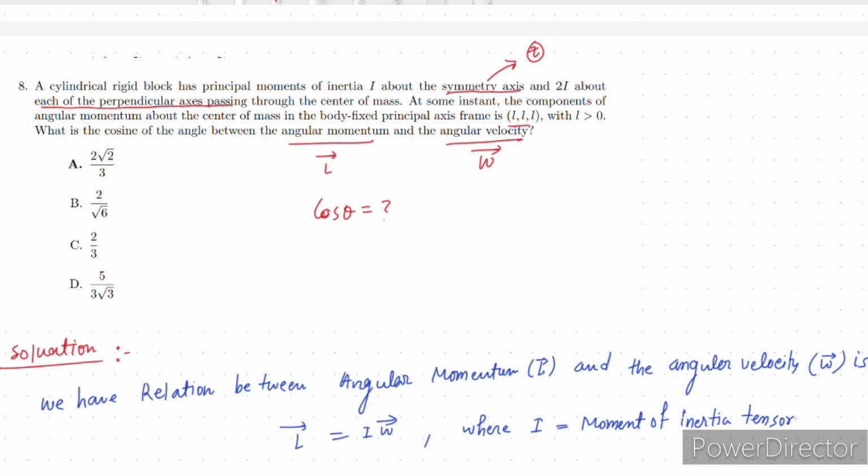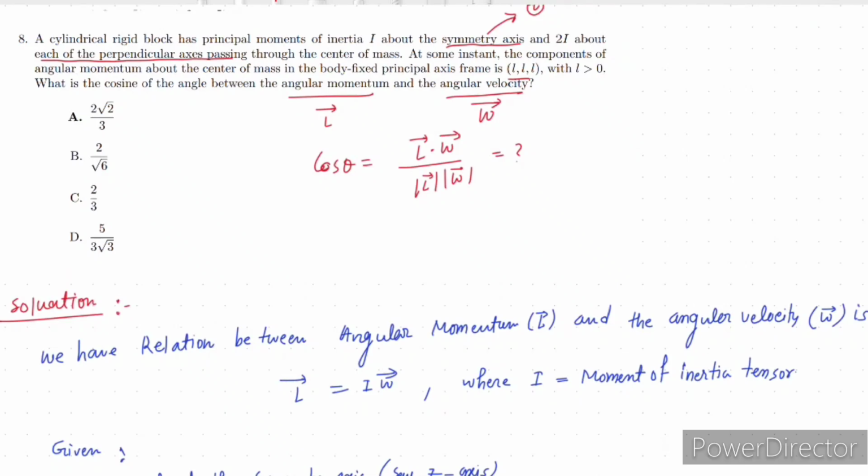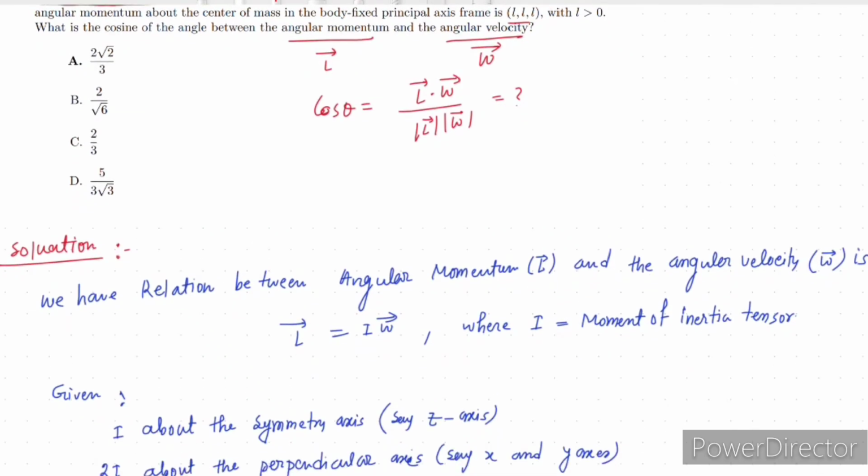That is, they ask for L dot omega divided by the magnitude of L times the magnitude of omega. From the question we have the relation between angular momentum and angular velocity: L vector equals I omega, where I is the moment of inertia tensor.